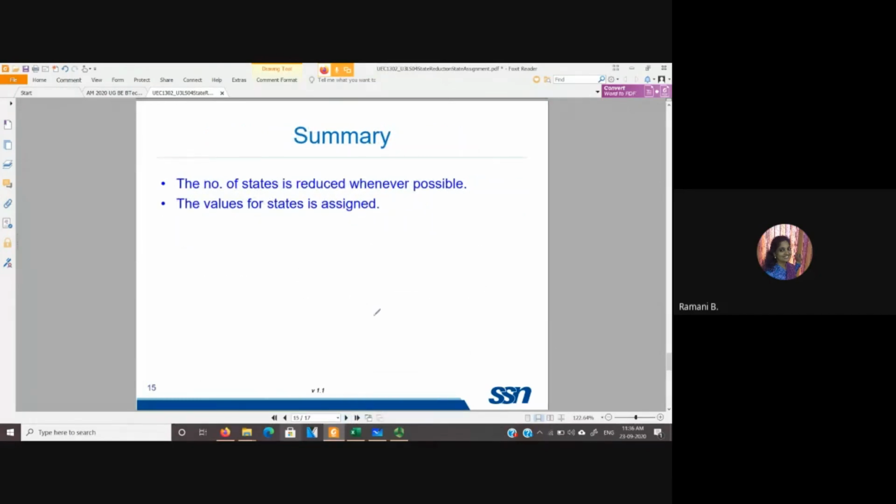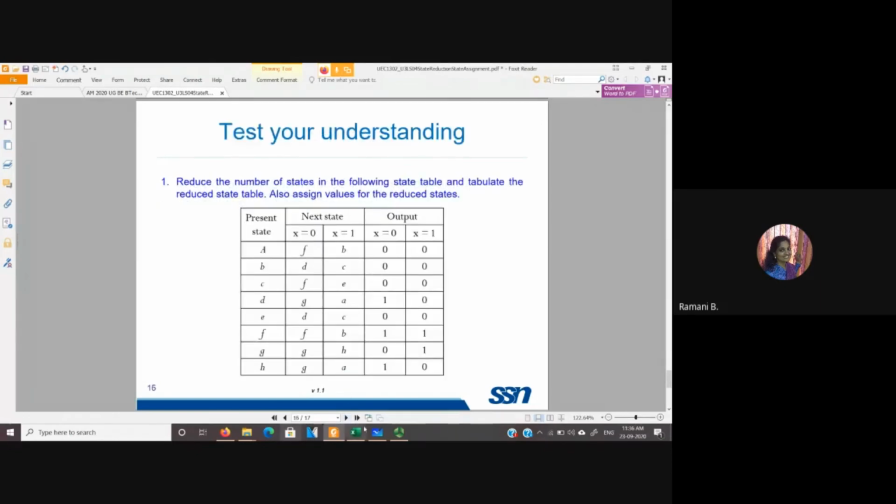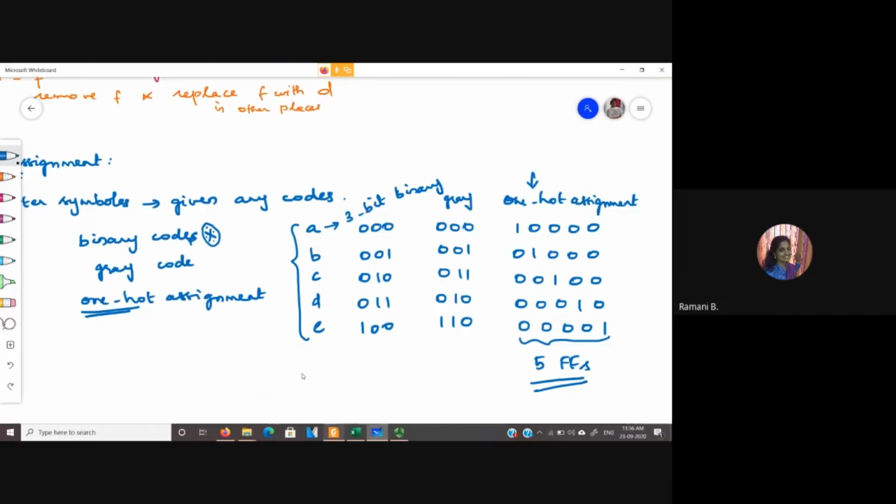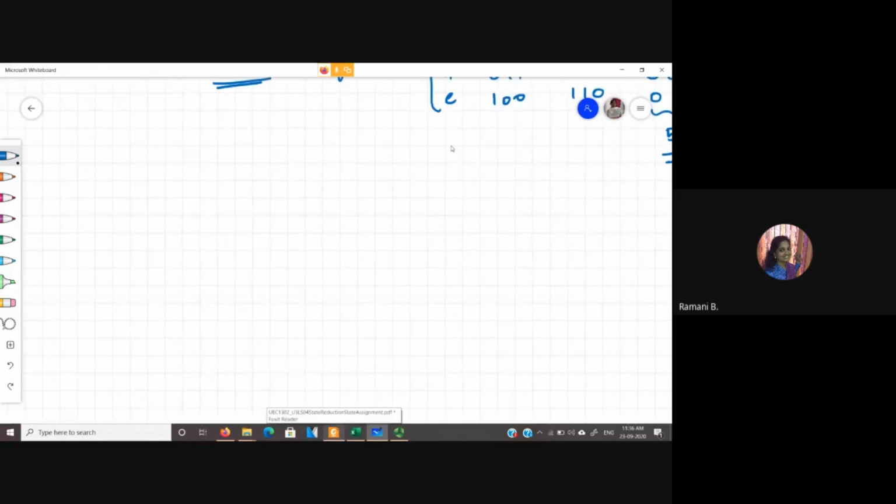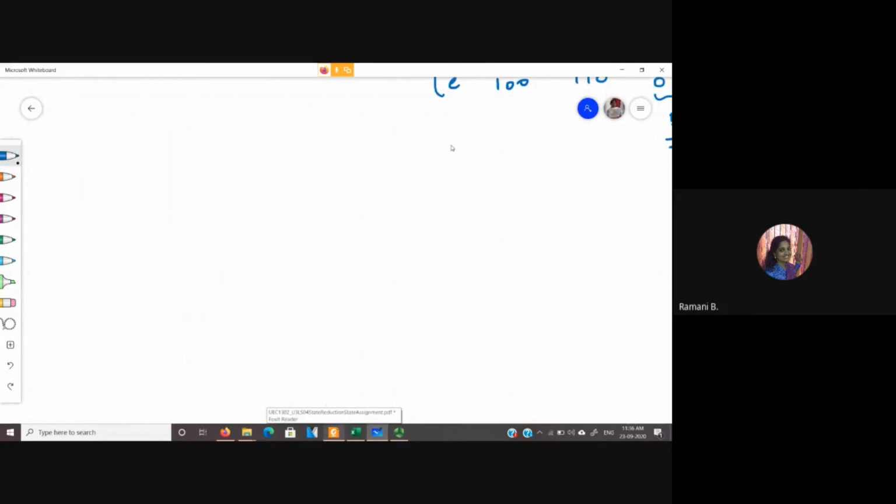Now we have seen how you could reduce the number of states in a circuit, and you also know how to assign values for these states. Today, before winding off, I will let you know a few other things.